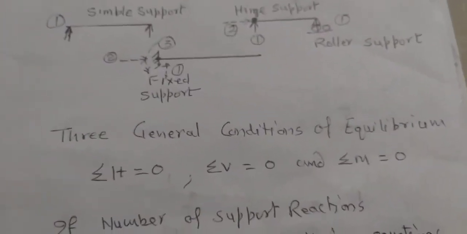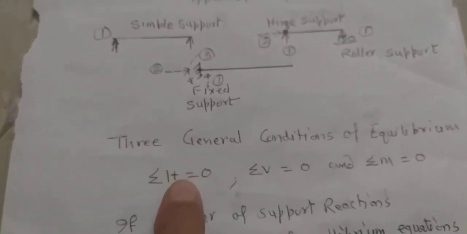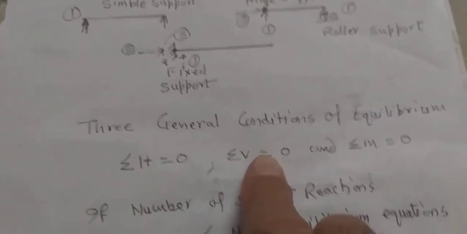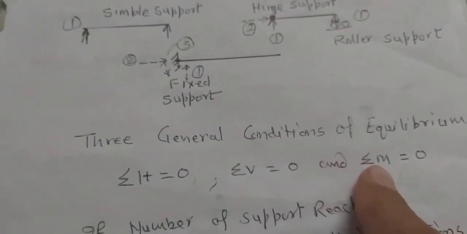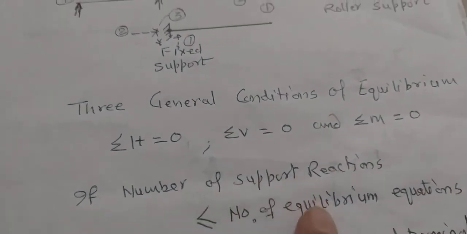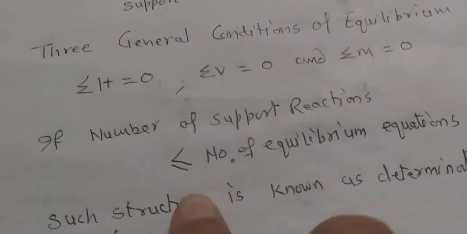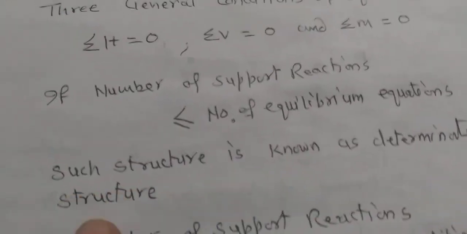Now, there are three general conditions of equilibrium, we know very well. It is sigma h is equal to 0, sigma v is equal to 0, and finally sigma m is equal to 0. If the number of support reactions are less than or equal to the number of equilibrium conditions, such structure is known as determinate structure.